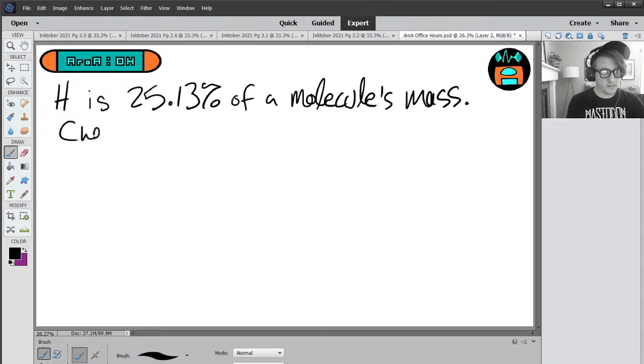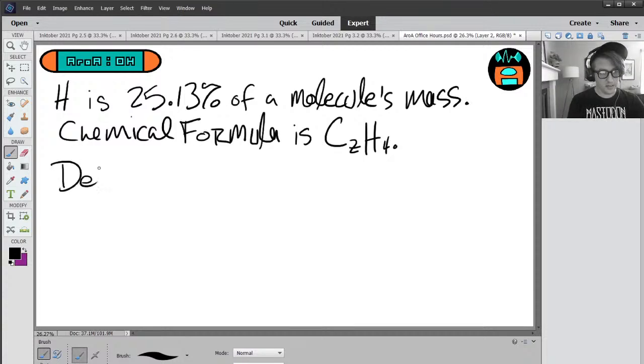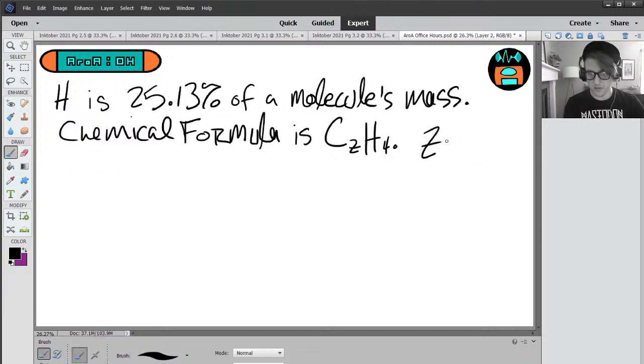The chemical formula for this molecule is CzH4. Determine the value of Z.